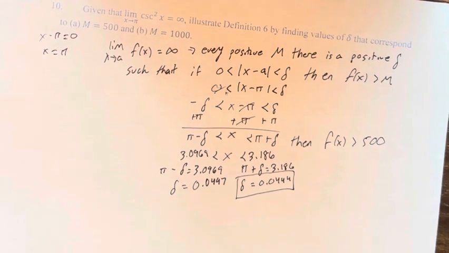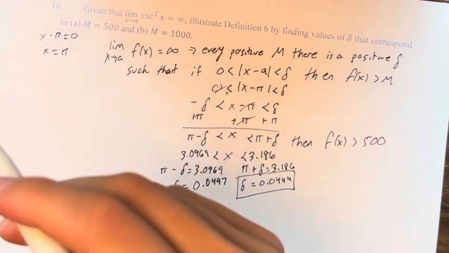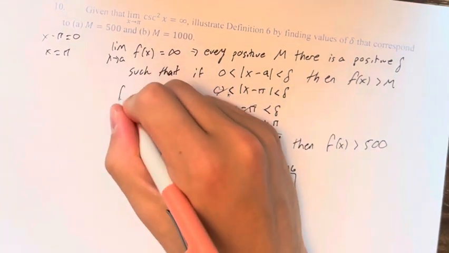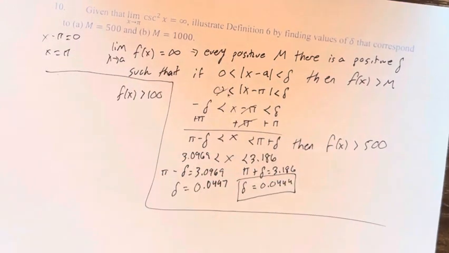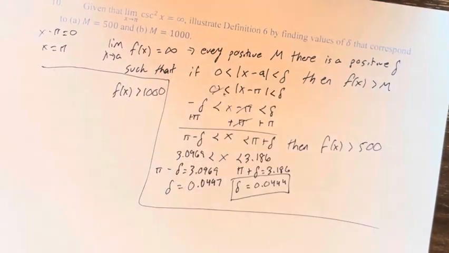We also have to do this with 1000, so we have to check f of x being greater than 1000. Similar thing, we have to pull it up on the graph.